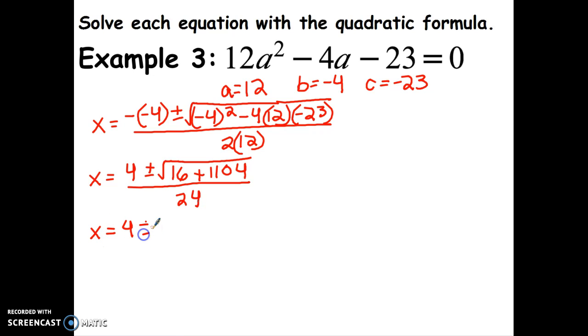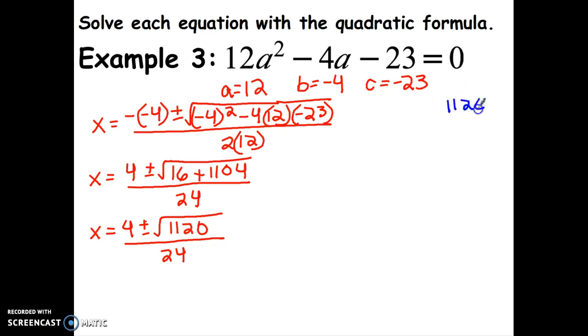Now let's simplify our radical. 16 plus 1104 is 1120, all over 24. Now, when we take a look here, this is not a perfect square, so it's not going to come out to just a nice integer for us, okay? So we're going to have to simplify this radical, and hopefully we somewhat remember how to do this from our first unit.